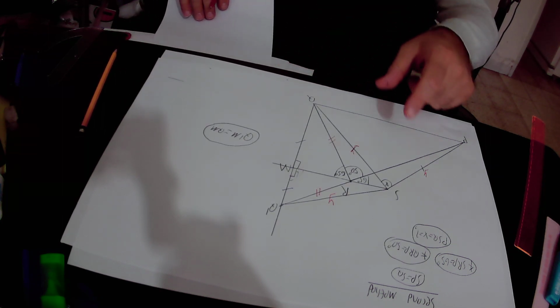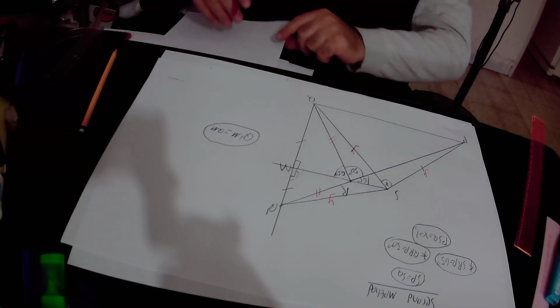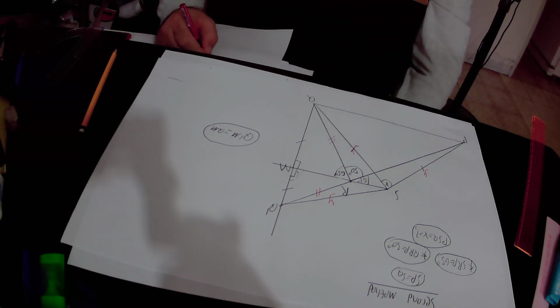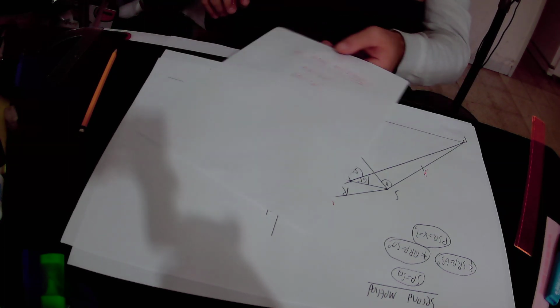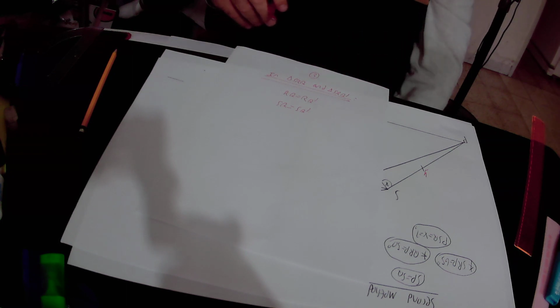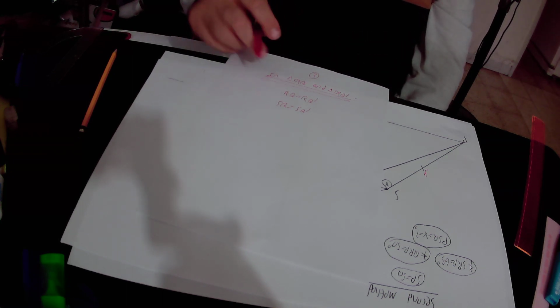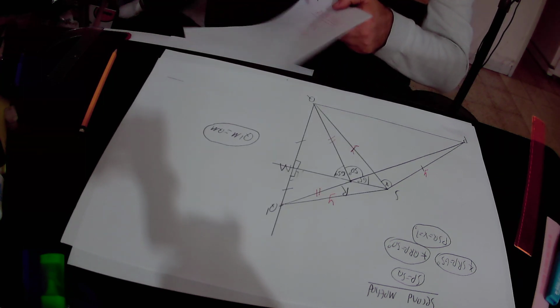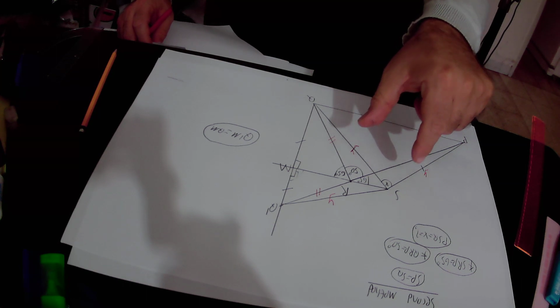We just right now proved that SQ equals SQ dash. And we have here a common side that belongs to both triangles.